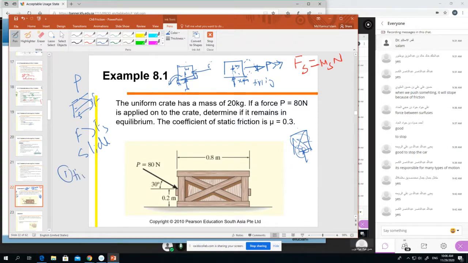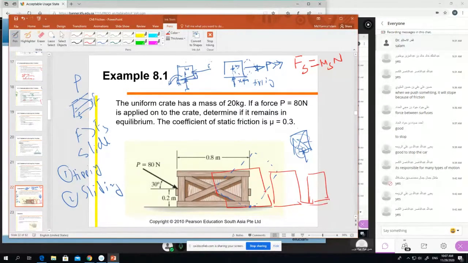One is tipping, which means the block will tip down like this. The second is sliding, which means the block will start to slide and move to that side. It is called sliding.